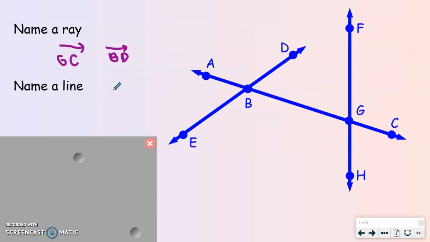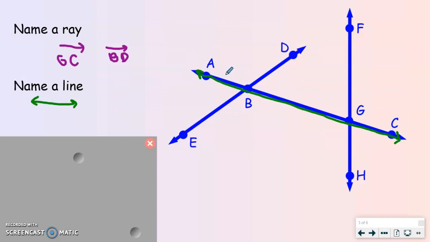All right, so for lines, I'm going to actually choose this line here. See if I can keep it straight. All right, so here, if you notice, I have my arrows at both ends. Okay, so this is a line. And you might notice there's a whole lot of points along this line.